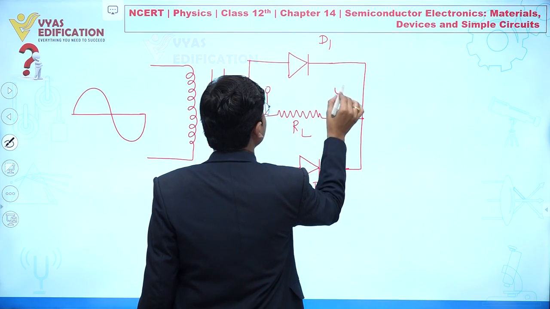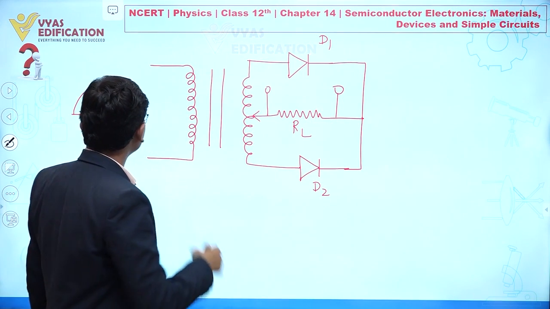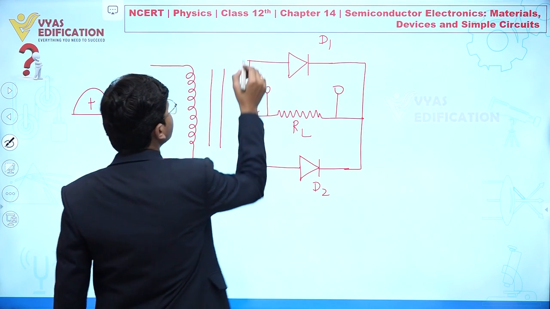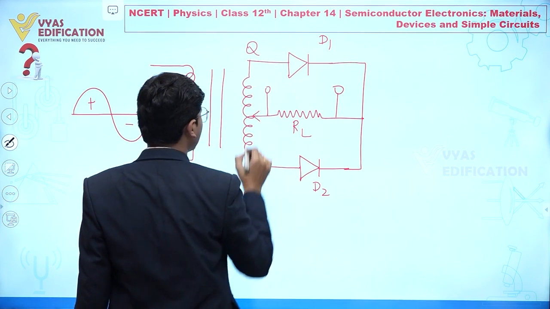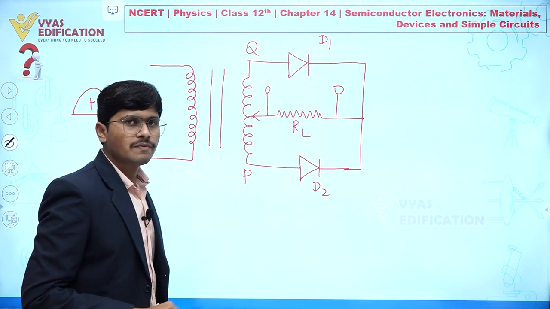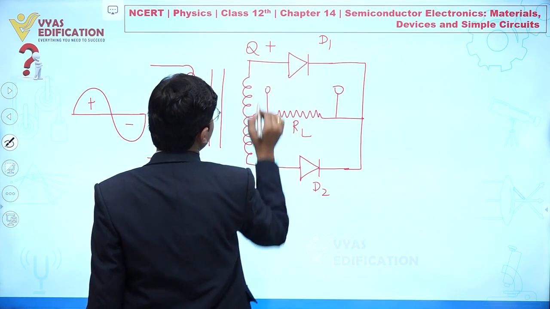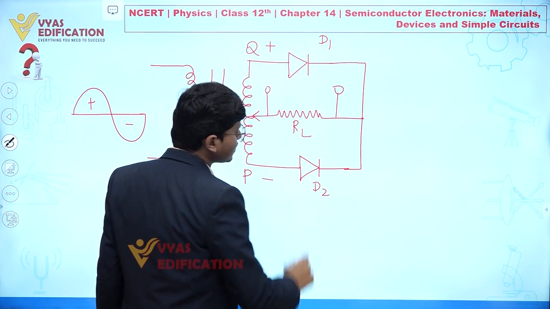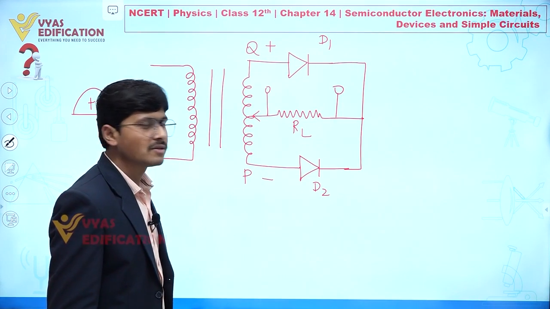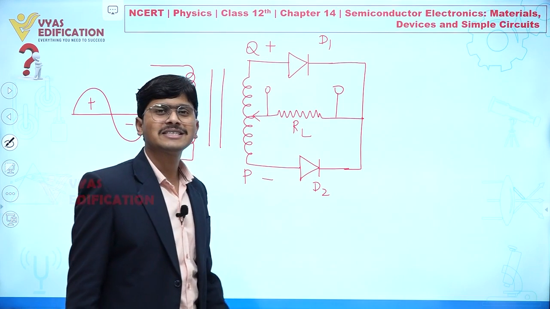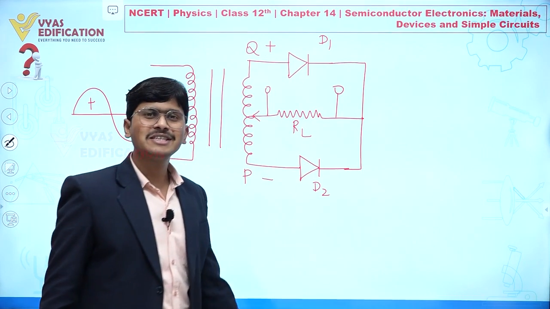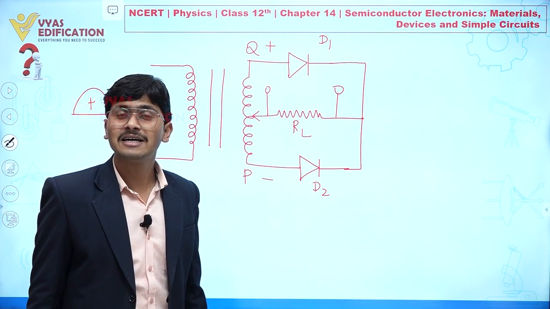Now listen very carefully. In the first half cycle, let's suppose this is the Q end and this is the P end. So for the first half cycle, this is at higher potential and this is at lower potential. At that time this D2 diode is behaving just like a reverse bias, and this D1 is behaving as a forward bias.